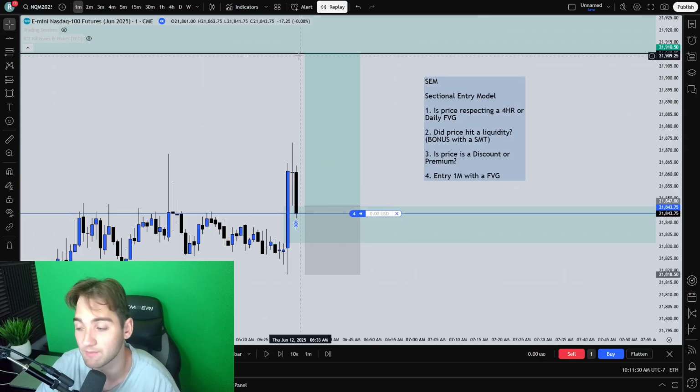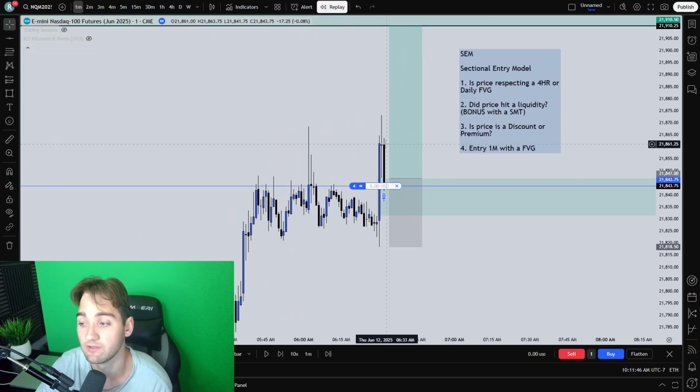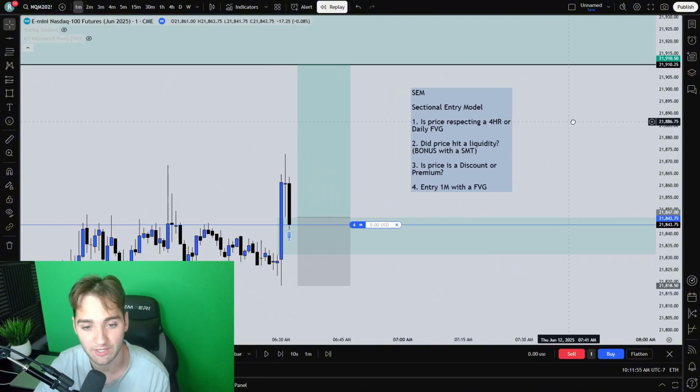This will be premium. So we're basically targeting the premium range of the 1 hour high and the low, right? So the middle part of that range is going to be our premium zone. We're going to go ahead and continue with the trend, right? So this is a continuation. So we're going to see price retest this, respect this fair value gap, leading up here to the premium price.